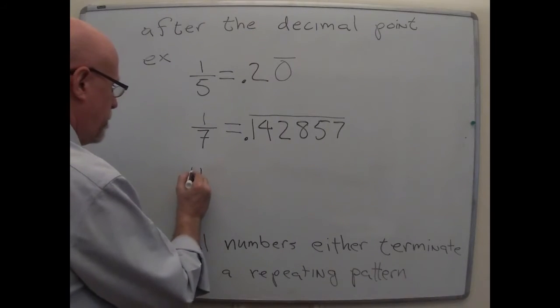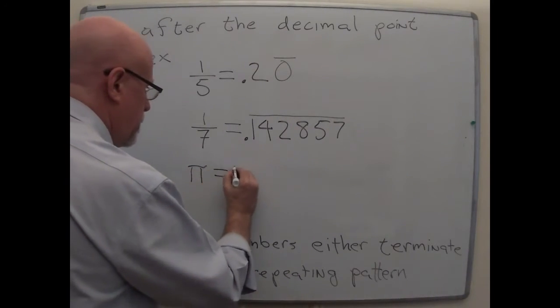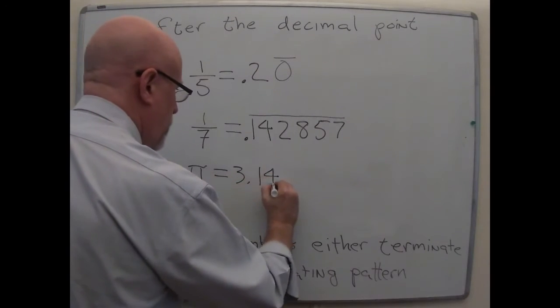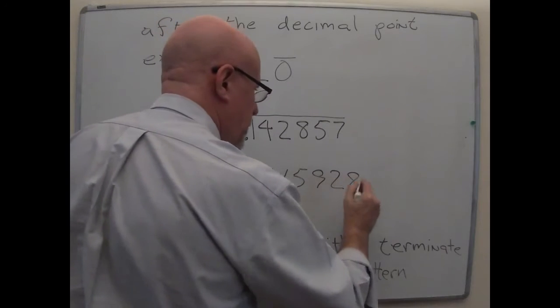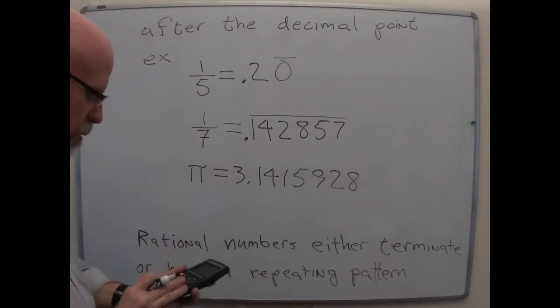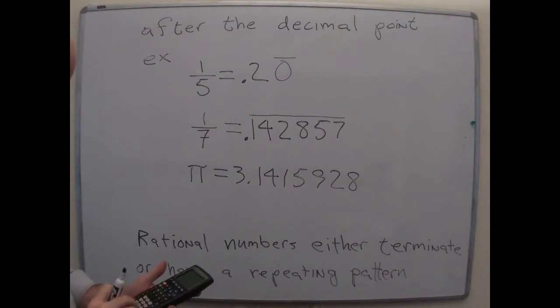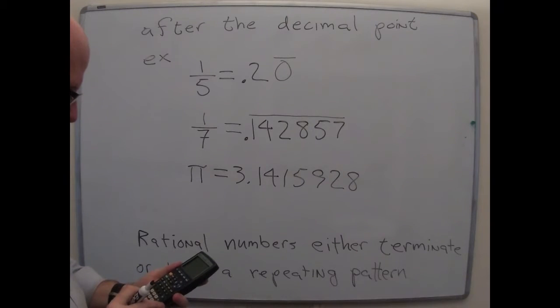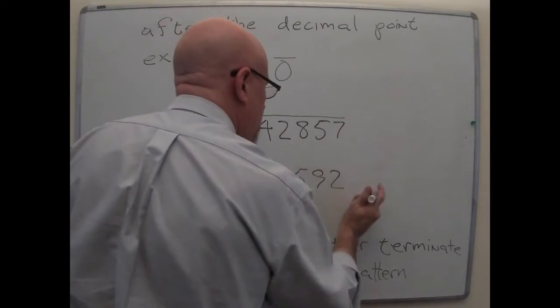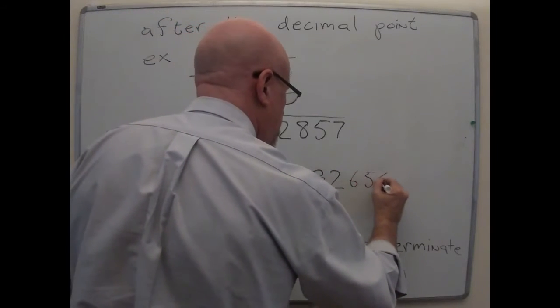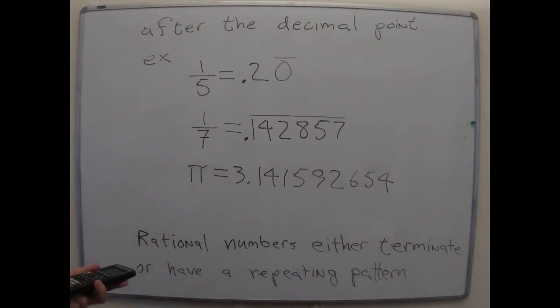For instance, pi is 3.1415928. Oh, my memory fails me. That's as far as I've always remembered it too. 1592. Oh, I've remembered it wrong too. 2654. Do you see any patterns so far?